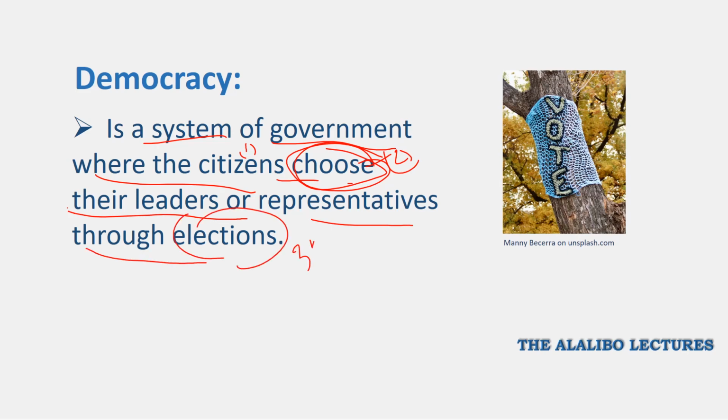This is another keyword, third keyword, through elections. Not by military coup, not by insurrection and what have you, or revolution, but through elections. And we can also add through free and fair elections, credible elections. It's important to take note of this. Okay, let's go to the next slide.